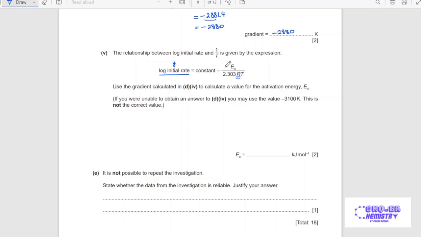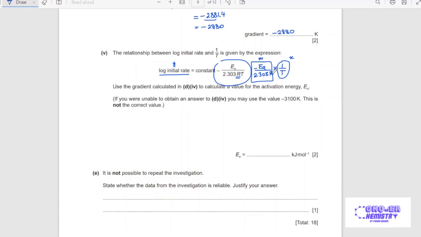Now, if I rewrite this last bit over here, I'm going to get minus EA over 2.303 R times 1 over T. So this 1 over T over here is the quantity on the x-axis, and whatever multiplies with this x-axis quantity, this expression over here will be equal to the gradient.